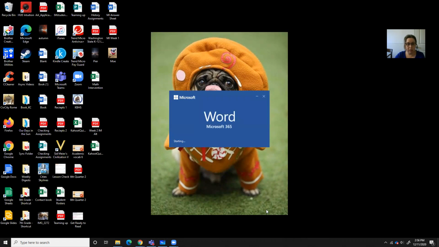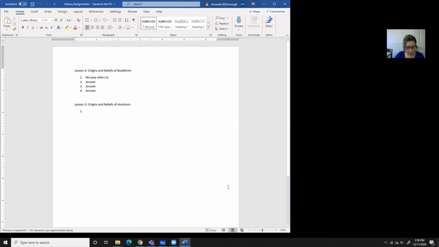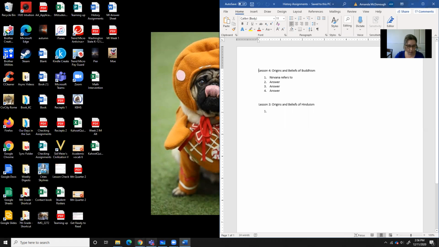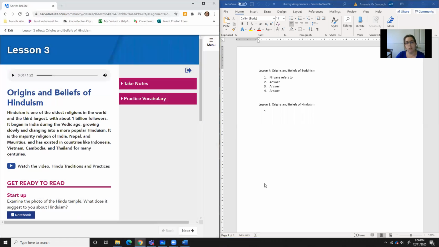I have my history assignments. We are going to move this over to the right, pull this all the way down, and then pop Savas back up. So now, as you can see, everything's side by side. I already started the ones for lesson 4.